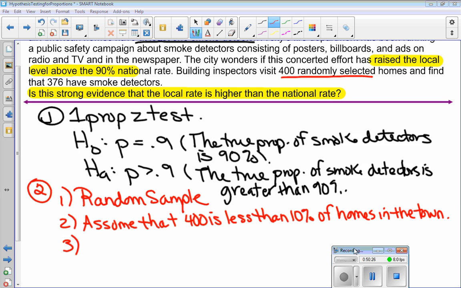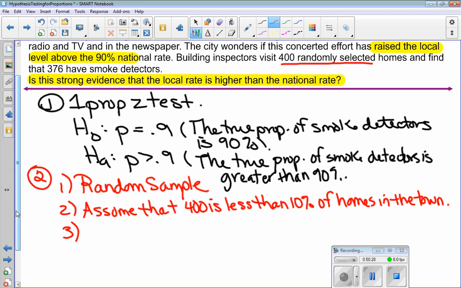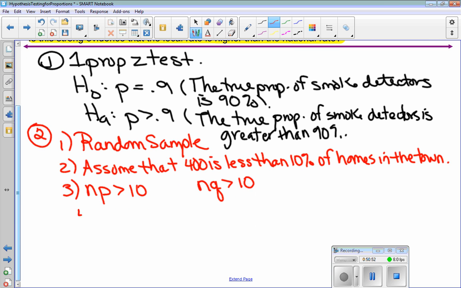All right, and then we need to be specific about step 3. Let's put some numbers in. np is greater than 10, and nq is greater than 10. Am I given an n and a p? Yeah. So we have 0.9 as our p, and we have, what is our n? 400. Good. So I have 400 times 0.9.